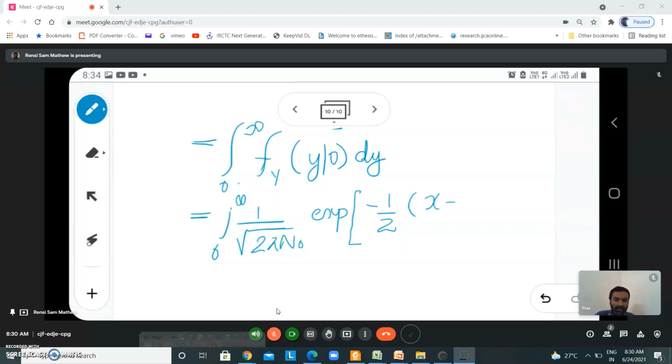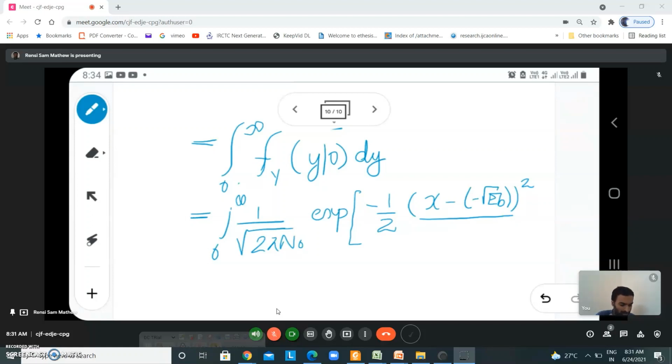See the probability of y given 0. What is the mean in that case? The mean in that case is minus square root of Eb. Remember, we derived the mean for both conditions. So the mean of y given 0 is equal to minus square root of Eb. So it is minus square root of Eb, the whole square, by 2 sigma square.